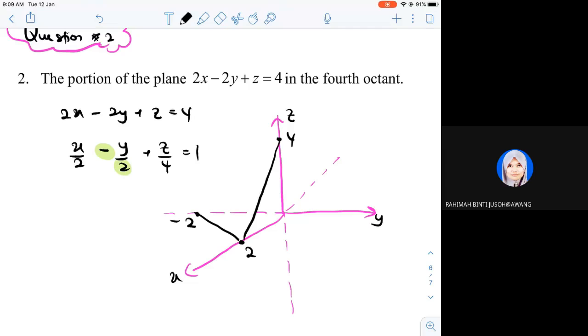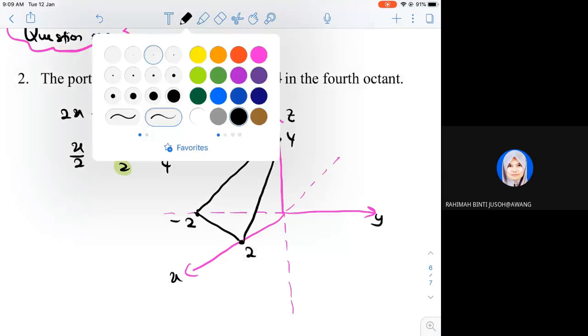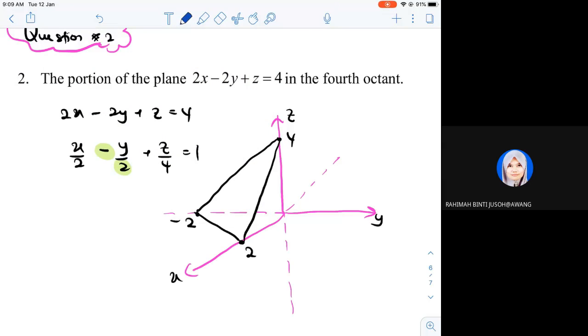Alright, so this is our solid. This is the plane. Okay, from above we can see region R, isn't it? So the view from above means that the region R is this triangle. Dia mesti triangle ni. Okay, from above we can see that triangle.